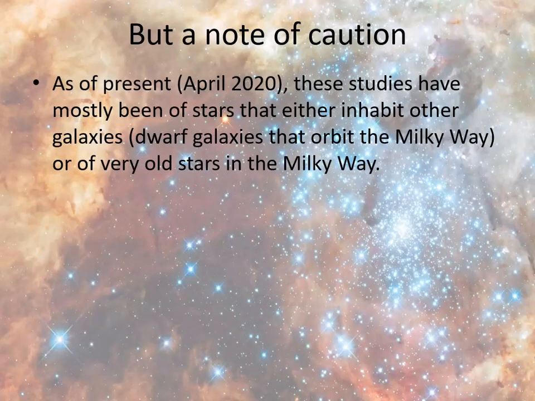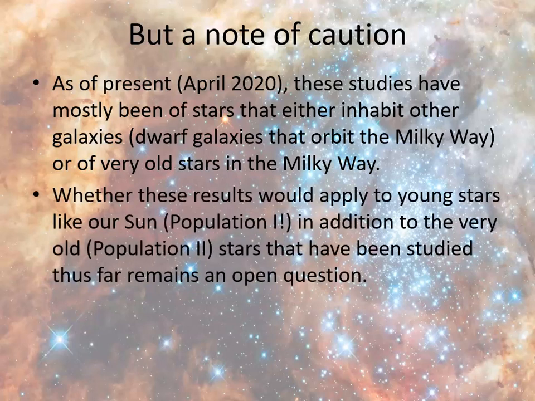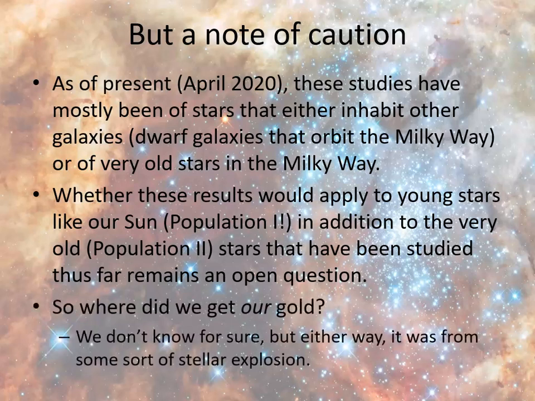However, I want to bring in an additional note. Right now, as of April 2020, these studies have mainly been of stars that either inhabit other galaxies, that is, not the Milky Way, or they're very old stars that are in the Milky Way. So the question is, would this necessarily apply to young stars? In other words, things like our sun. Remember, our sun is a population 1 star.